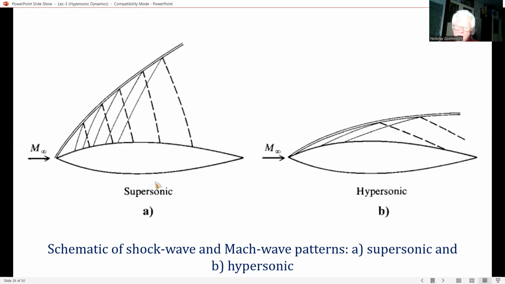At supersonic Mach number, the shock angle and the incident and reflected wave angles are large, because the incident and reflecting waves are essentially Mach waves. With the Mach angle, I hope you remember, mu, it will be arcsine of 1 over Mach number.